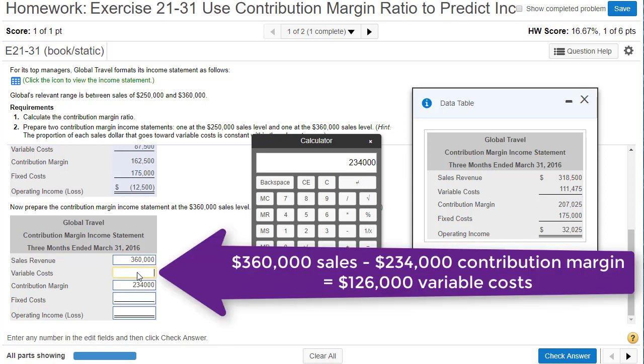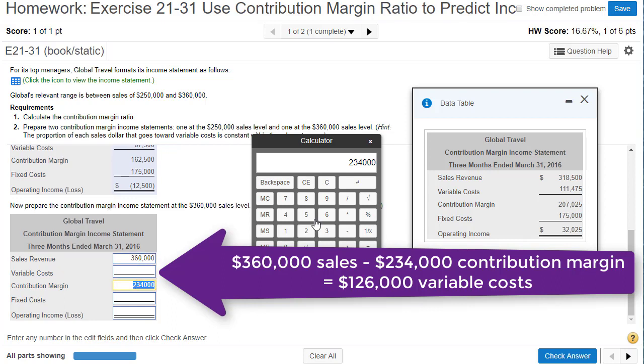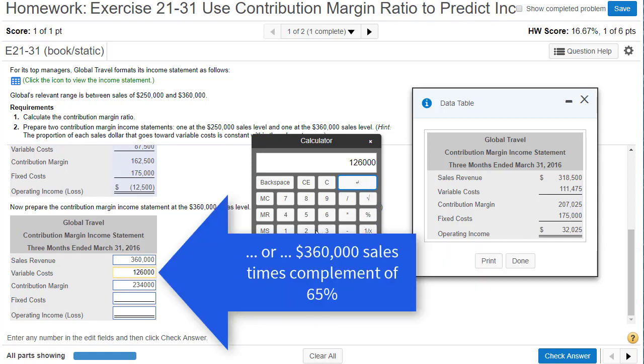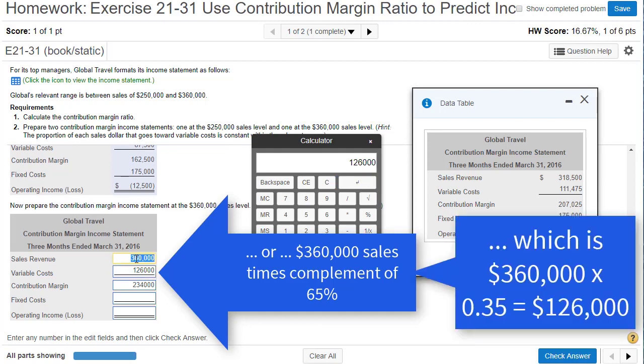Then we can back into our variable costs by taking 360,000 minus 234,000, which gives us 126,000. We could have also multiplied 360,000 by the complement of 65%, which is 35%. So 126,000 is also 35% of this.